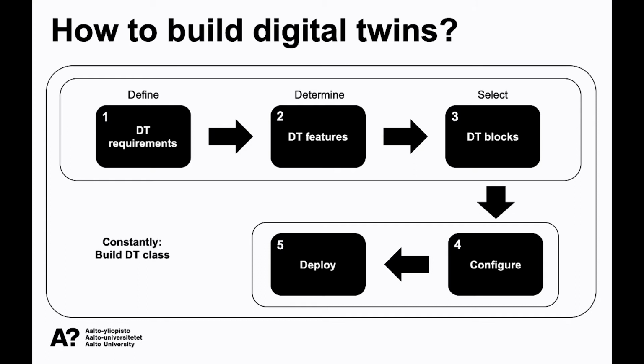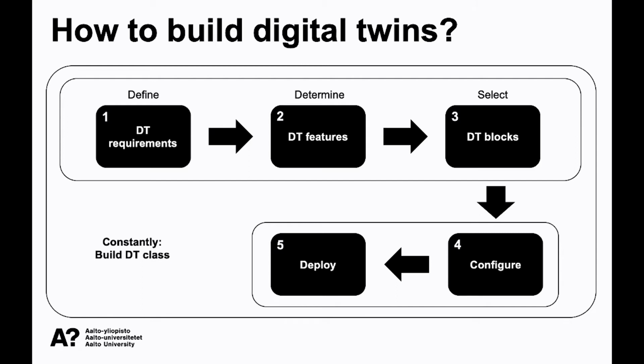Then it's also bringing the digital twin blocks concept. So first, define requirements. What kind of digital twin do you want to do? What do you want it to achieve? Quite basic stuff in engineering.